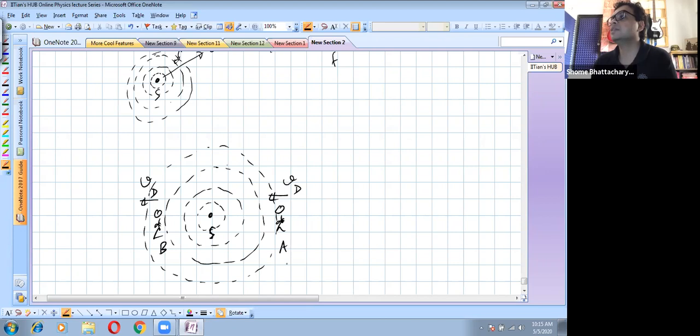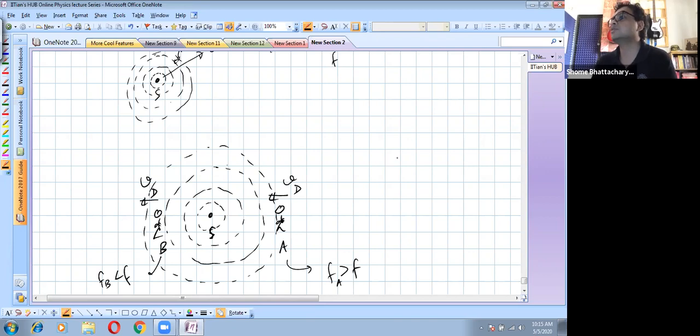So this guy will hear a frequency which will be more than the frequency of the source, whereas this guy will hear a frequency which will be less, because the wavefronts are traveling at that speed V. So the distance between wavefronts is equal to V into the time period, or V divided by frequency. But for this guy, the distances will appear to be less because of relative velocity. For this guy, the distances will be more.